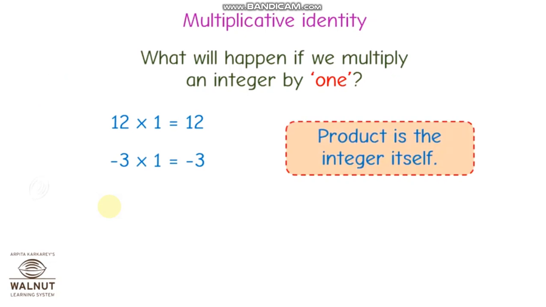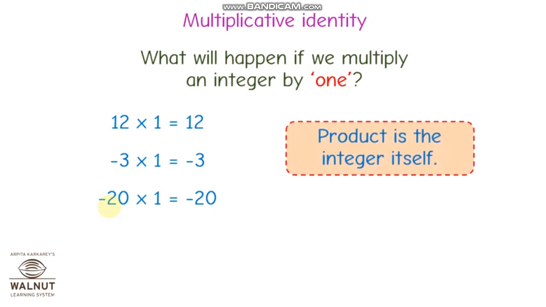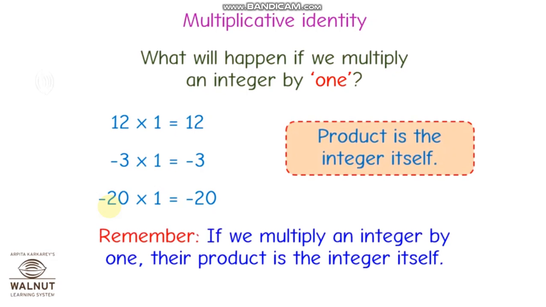Minus 20 into 1 is again the integer itself, minus 20. So we conclude that when we multiply an integer by 1, the product is the integer itself only.